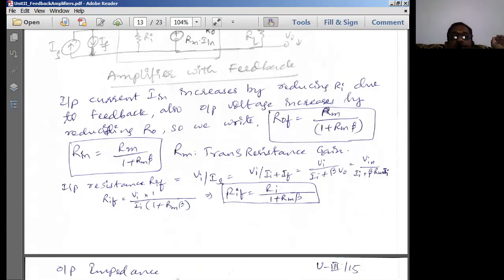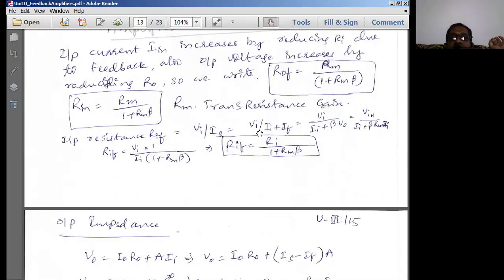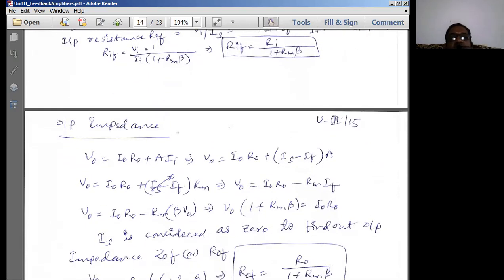In terms of resistance, I can write Vi is equal to Ii into Ri. So this Ii will get cancelled. I get Ri by 1 plus Rm into beta. That means input resistance is decreasing by a factor of 1 plus A beta. A is replaced by Rm because it is a trans-resistance type of amplifier.